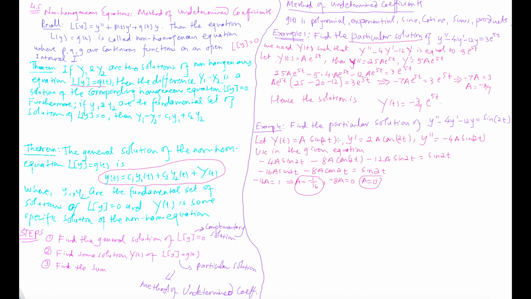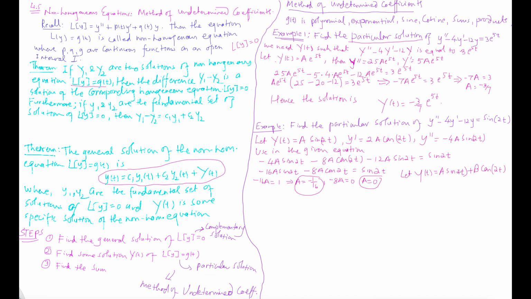The reason is because there is a first derivative term, and the first derivative here is cosine twice t. So maybe what we should have done is let y of t equals a sine twice t plus b cosine twice t.